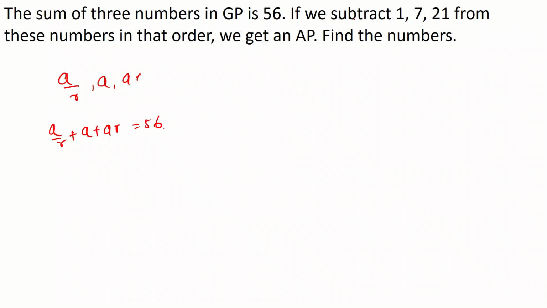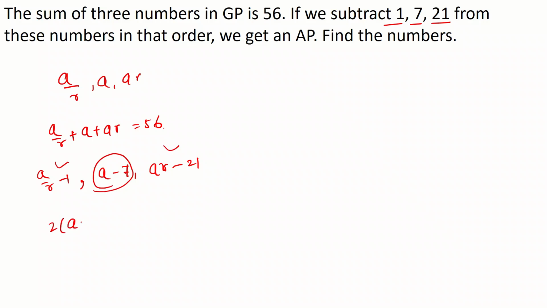And now they are saying that if we subtract 1, 7 and 21 from these numbers in that order, that means a by r minus 1, a minus 7 and ar minus 21, these form an AP. So if they are in AP, that means twice of this is actually this plus this.